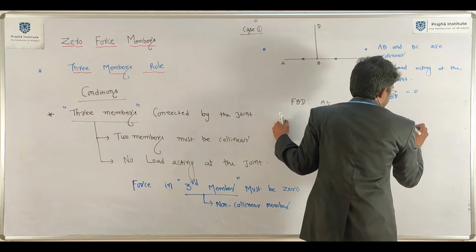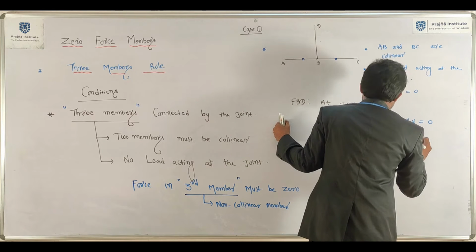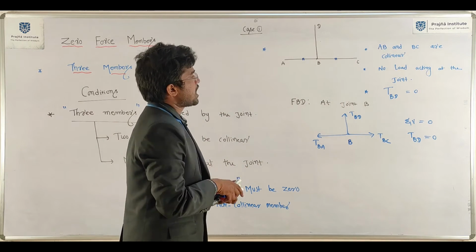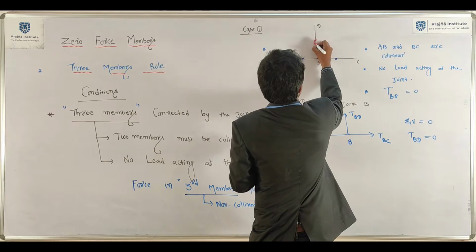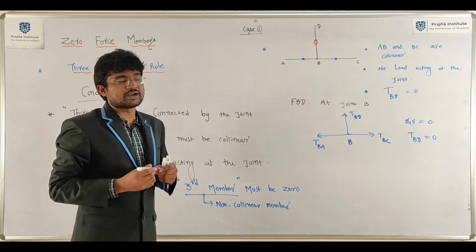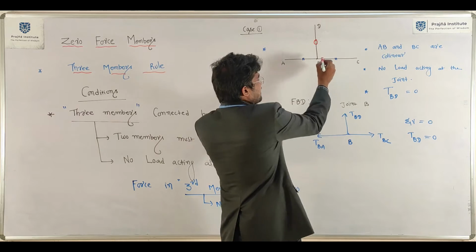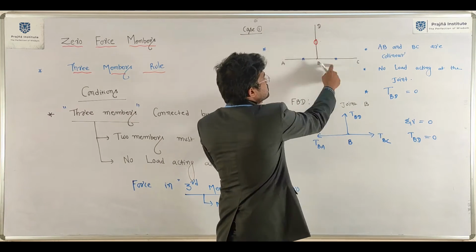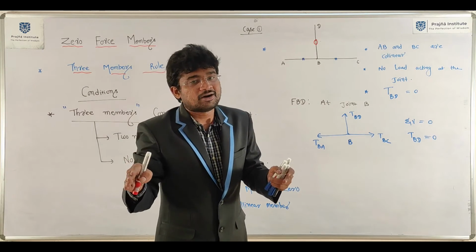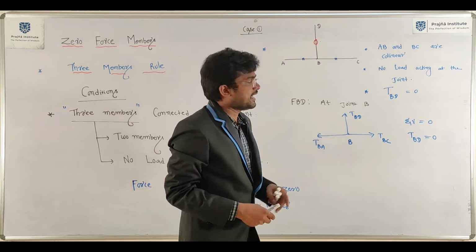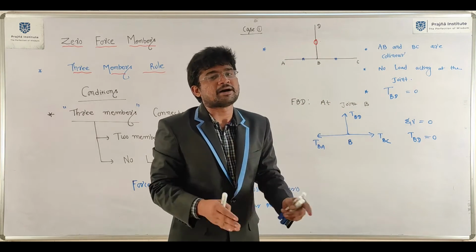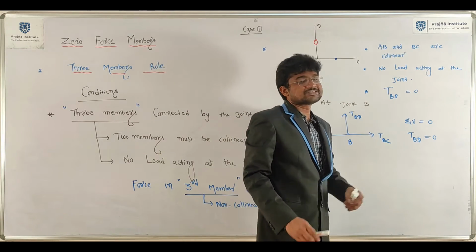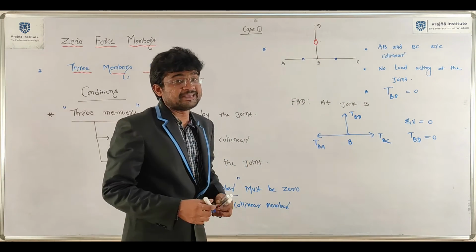Then sigma V equals 0, so TBD equals 0. The force in the non-collinear member must be 0. Okay, understood now? 3 members connected by the joint, in that 2 are collinear. Collinear means both members are in the same line. In that case, the force in the non-collinear member must be 0, once these two conditions are satisfied.